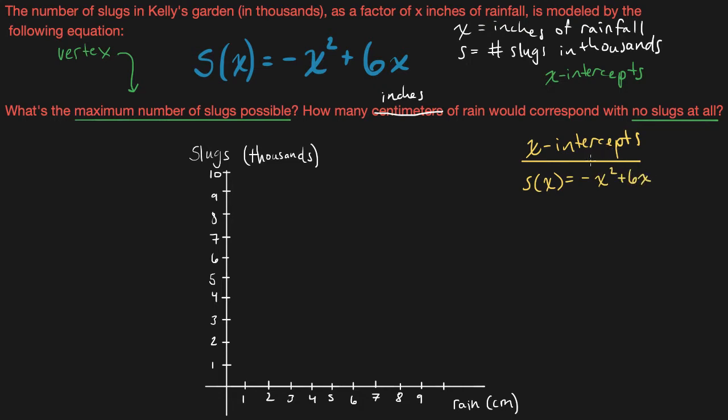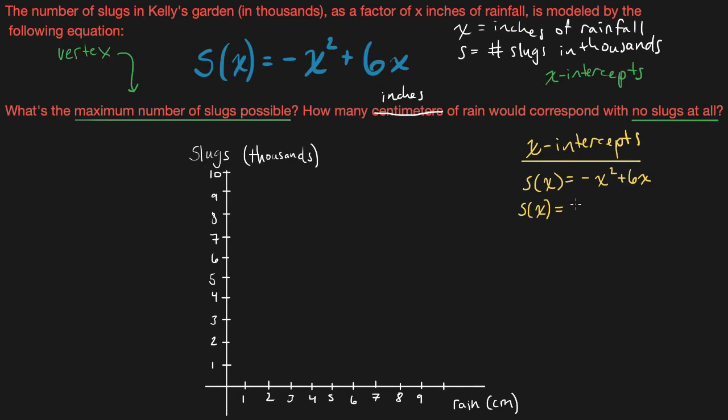Now, when we want to find our x-intercepts, there are a few ways that we can do it. We can do it by factoring. We could also use the quadratic formula. I'm just going to do it by factoring here. So I'm going to factor negative x squared plus 6x. On the left-hand side, it's going to be the same, S of x. And then here, I have an x factor in both of these terms, so I'm going to pull out an x from both.